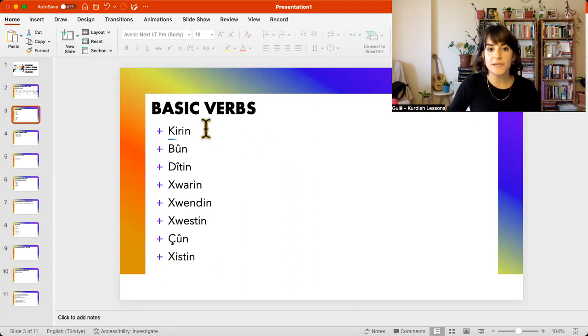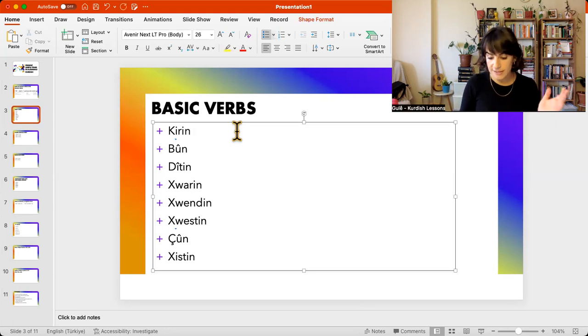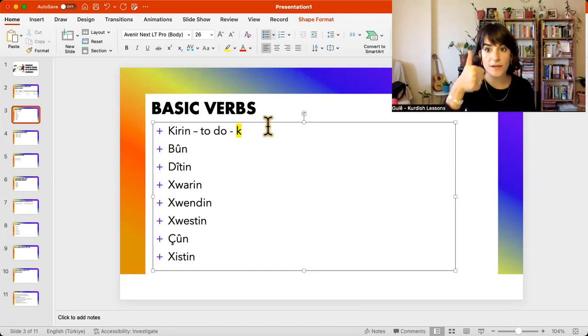So for present, kirin means to do, by the way, and the stem is only the letter K. A stem can be one letter, two letters, three letters, or two syllables. So K is the stem. You remember the rule.